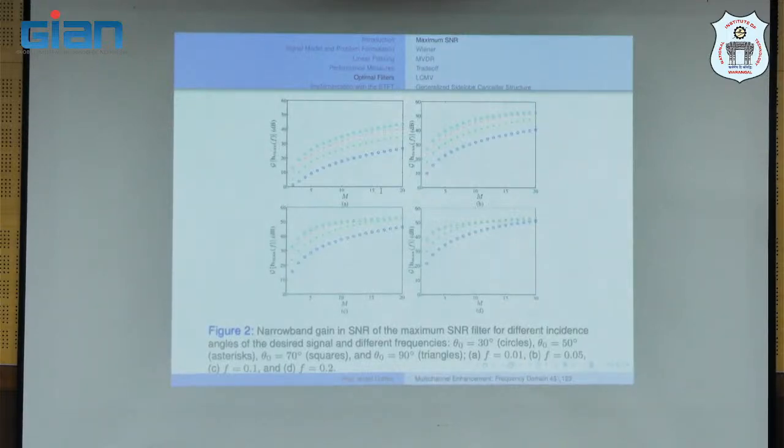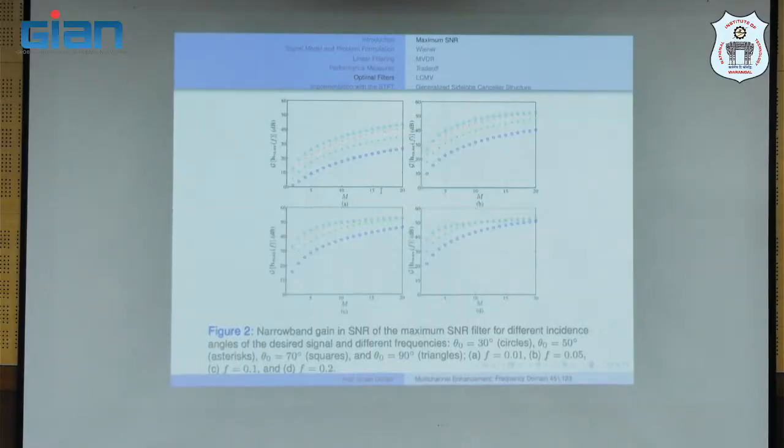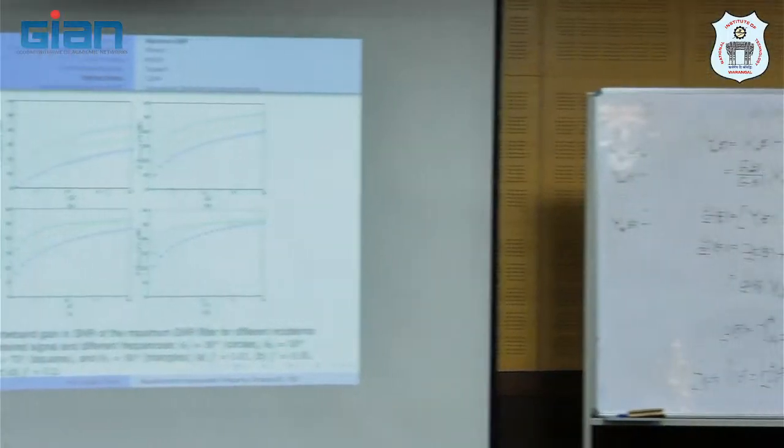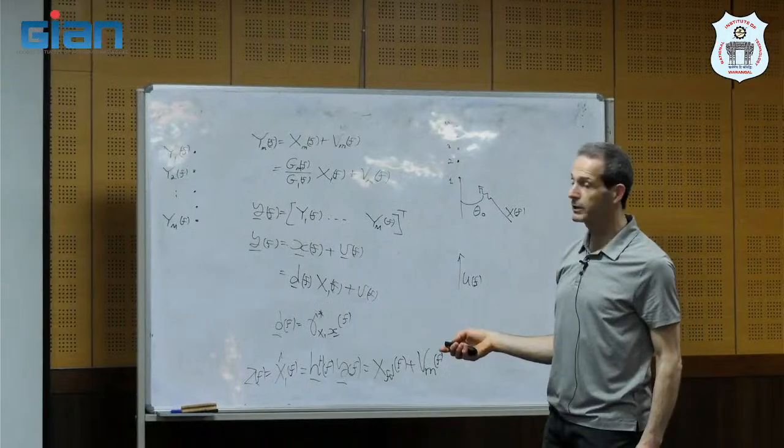Now it's interesting to see that if M is fixed, if we use a certain number of sensors M, when we increase theta 0, it becomes larger and larger, up to 90 degrees, the spatial separation between the direction of the desired source and the interference becomes larger.